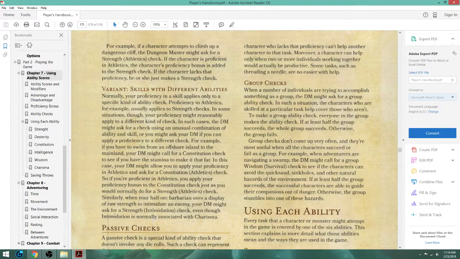Group checks. Now, group checks are always fun because if you're doing survival, usually what you want to do is give certain people advantage on finding food or looking for history. If you have a group of like 5 to 7 people or even more than that, you really don't want the whole group rolling for survival checks. You usually want that one person that's really good at survival to be the shining star at that moment.